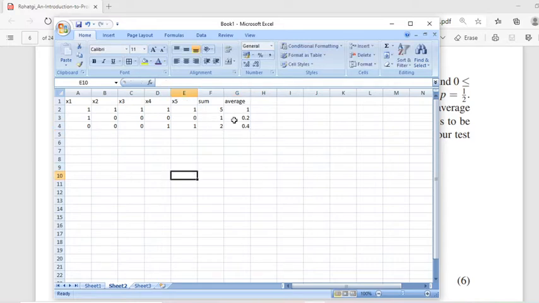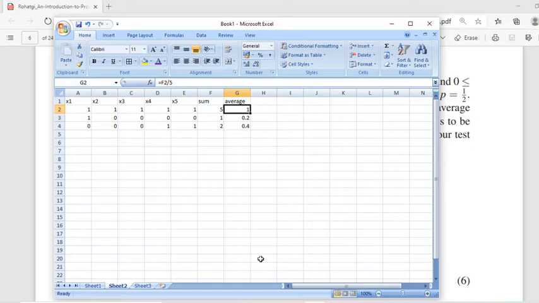So we have three situations. If all the observations are 1, then the average is 1, in this situation the average is 0.2, and in this situation the average is 0.4.